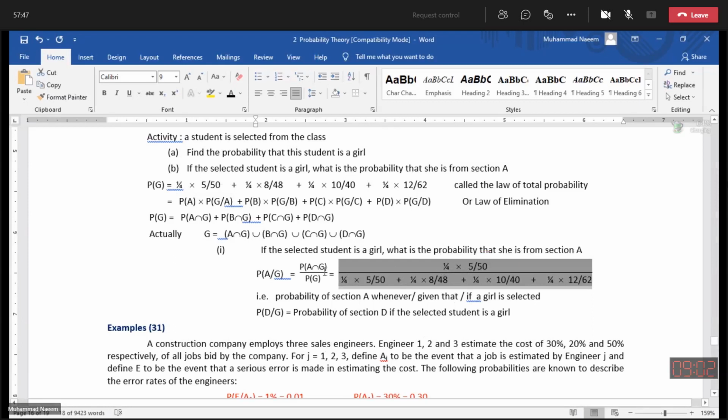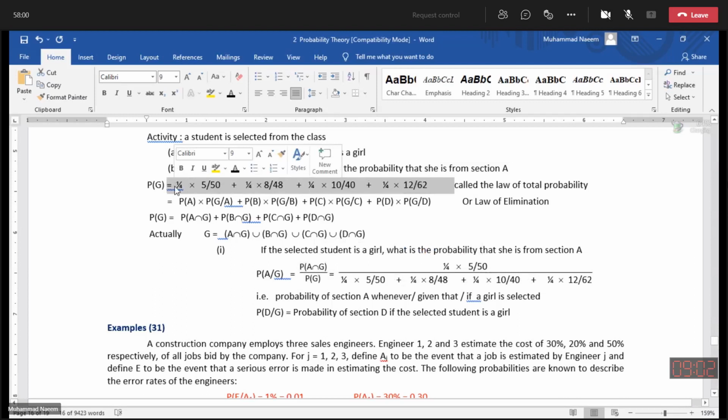So we have the probability of this intersection 1 by 4 multiply 5 by 50. In the denominator we have the probability of G, which we have calculated here. Probability of G, total probability of G.